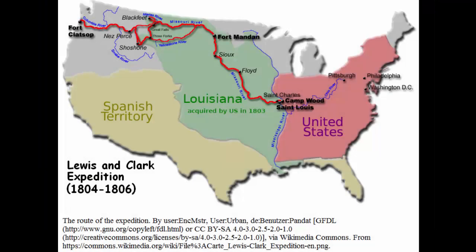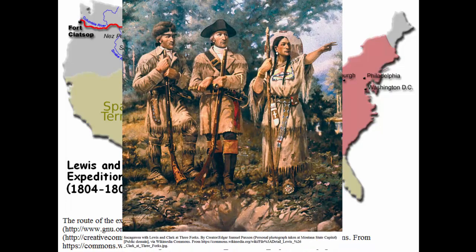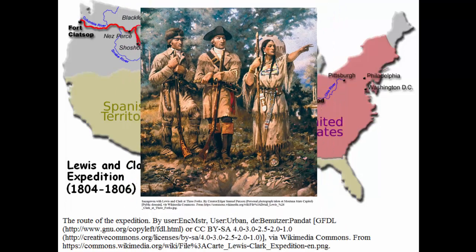After what they hoped would prove to be thorough preparation, the group set out in the spring of 1804 from St. Louis, Missouri. It was sometime during their trip across the northern Great Plains that the group encountered a Shoshone woman named Sacagawea, who agreed to act as guide and interpreter for the rest of the expedition. A very fortunate occurrence, as her assistance no doubt helped smooth their journey considerably.